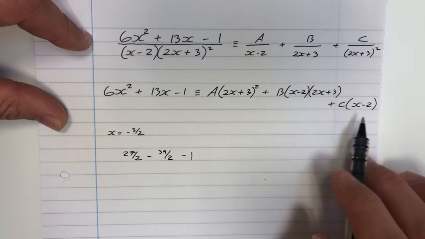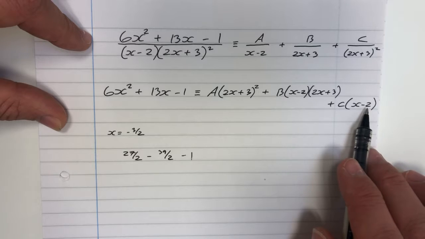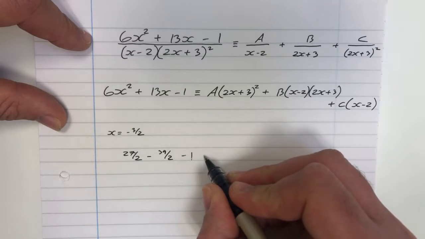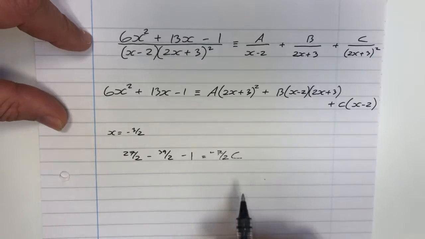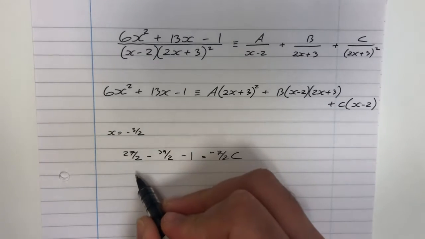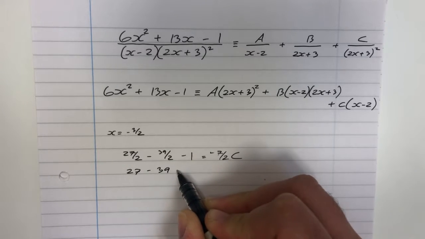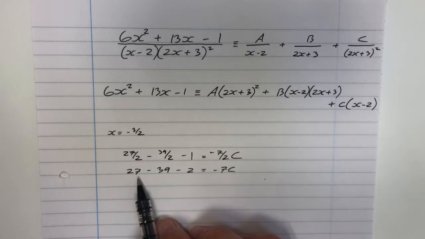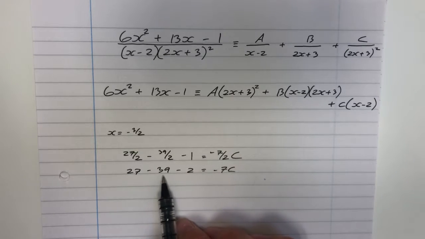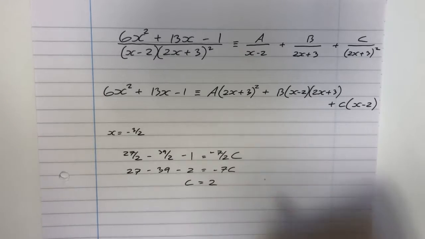That's 0, that's 0. And minus 3 on 2 minus 2, well that's minus 7 on 2, times c. I'm going to take that and multiply it by 2, so that's 27 minus 39 minus 2 equals minus 7c. That's minus 12 minus 14, divided by minus 7 gives me that c is 2.